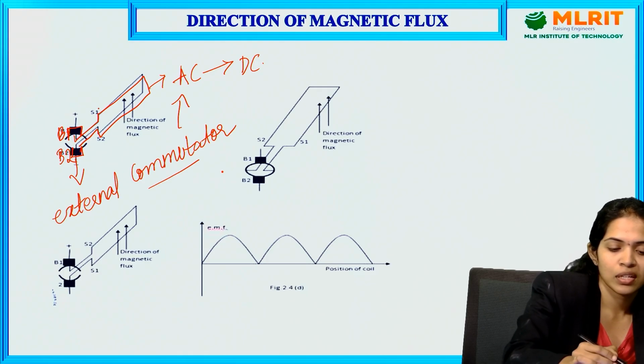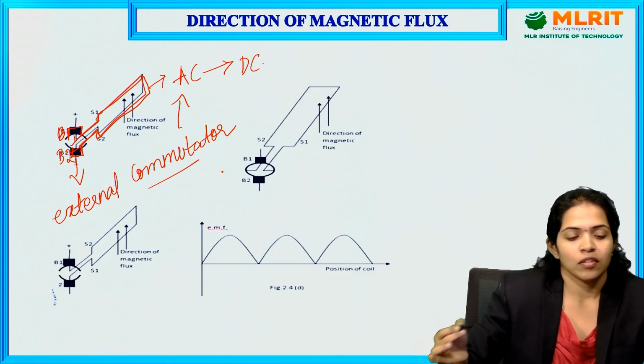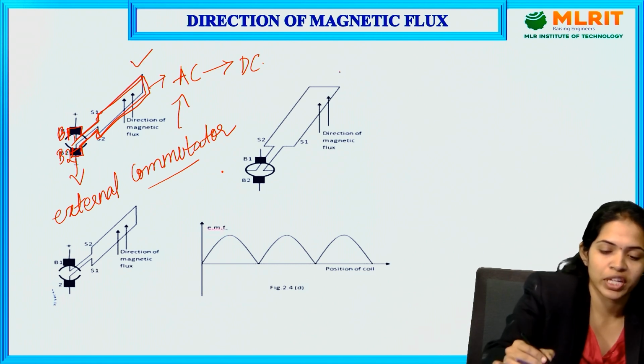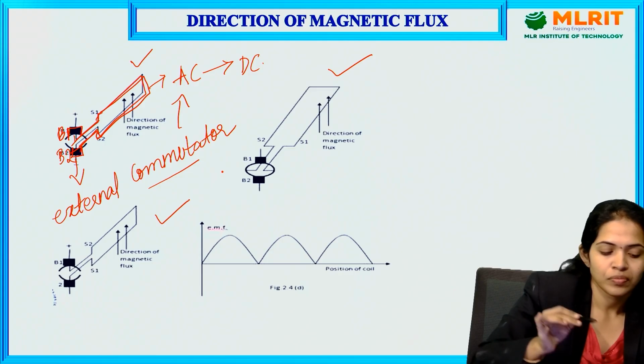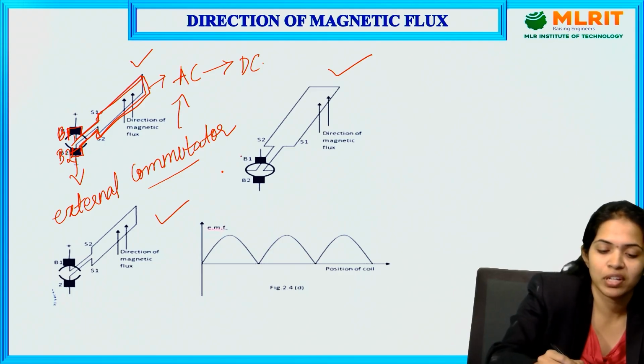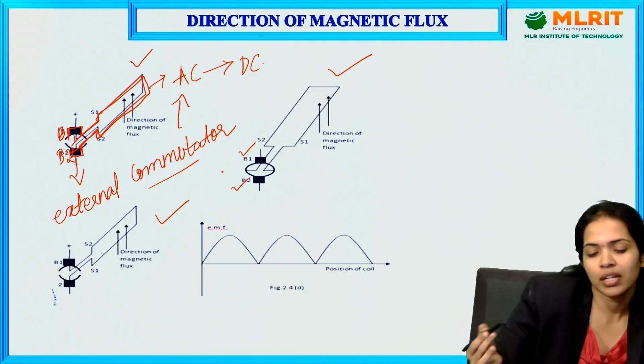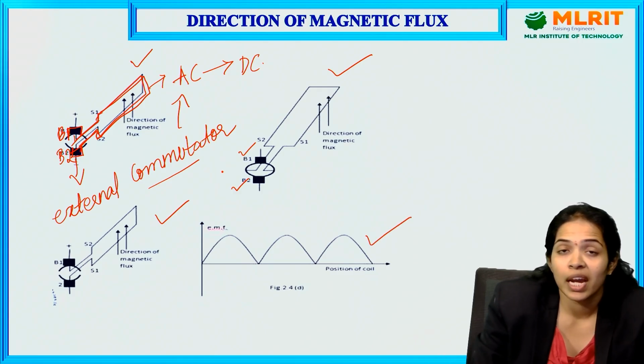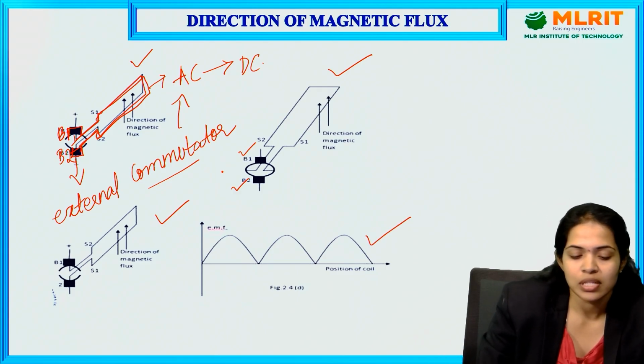You can see the direction of flux here at different instants of rotation. These brushes B1 and B2 will collect the unidirectional current from the commutator at the end of the current carrying conductor coils in this way.